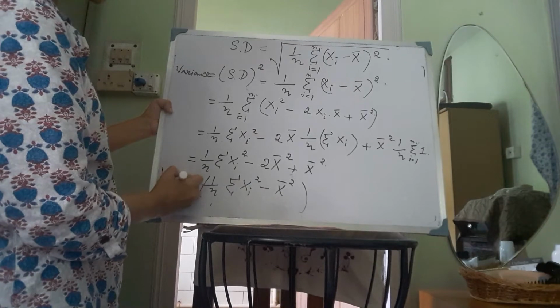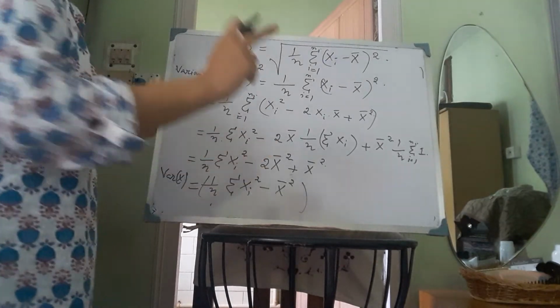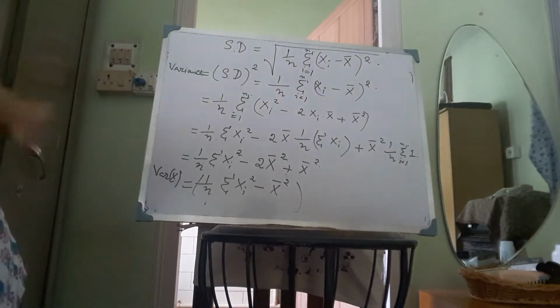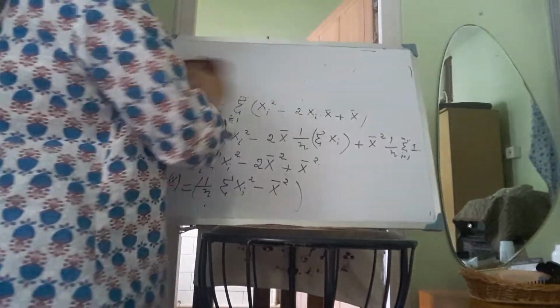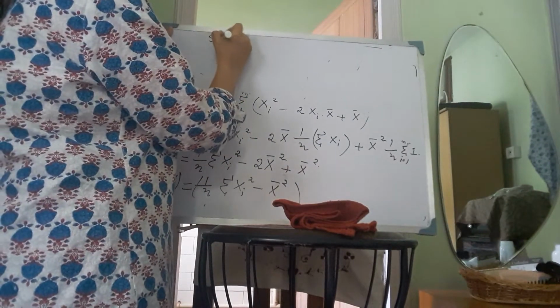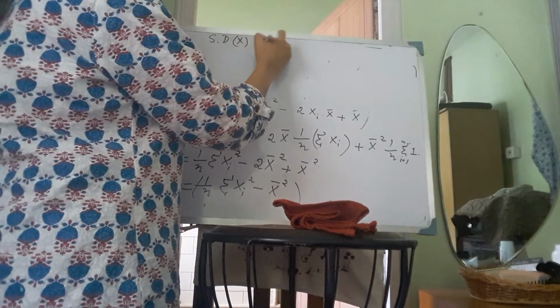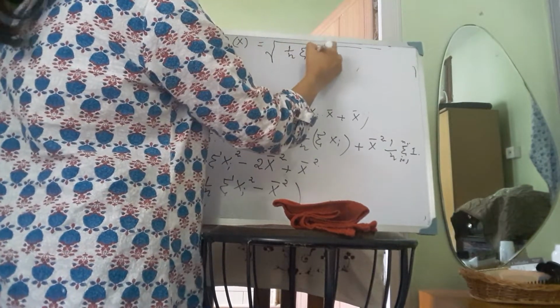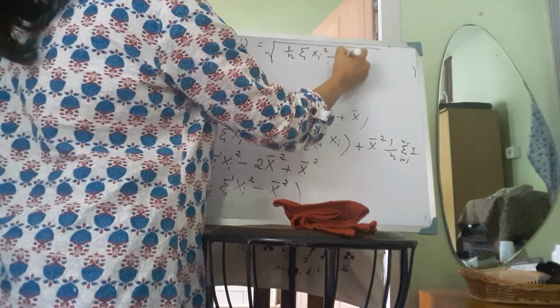So variance of x is equal to 1 by n summation of xi square minus x bar square. Now if we want to get the standard deviation from this expression, then we have to take the square root of this expression. So standard deviation of x can be written as under root 1 by n summation of xi square minus x bar square.